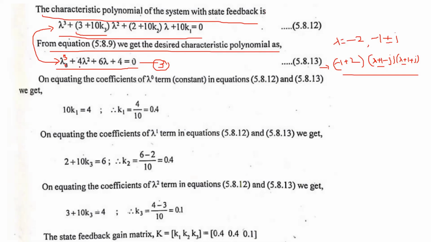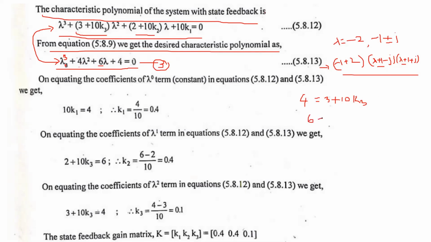I can write 4 is equal to 3 plus 10k3. This is one. What is the next one? 2 plus 10k2 is equal to what? 6.